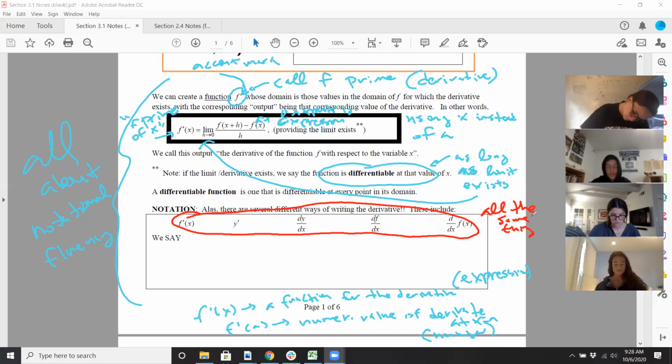They're all just different ways of writing the derivative. So here you could say f prime of x. If you see that, you've got to know what it means. It means the derivative of f.